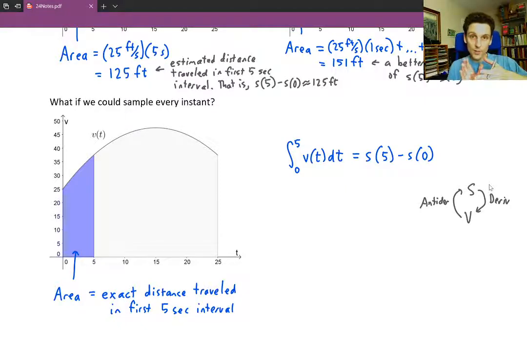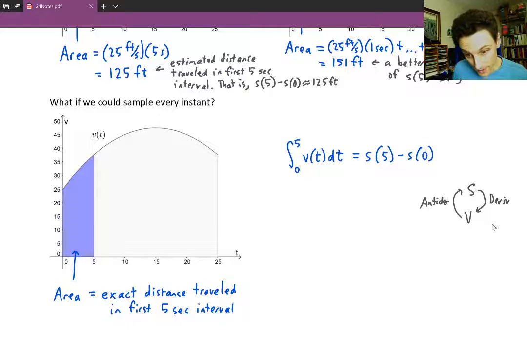So if you go from the velocity function to its antiderivative, which is the position function, now you've transformed this integral into just two function values that are subtracted. It's a much easier way of doing this calculation than going through all of the pains of writing this as the limit of an infinite sum, or the limit of a sum.